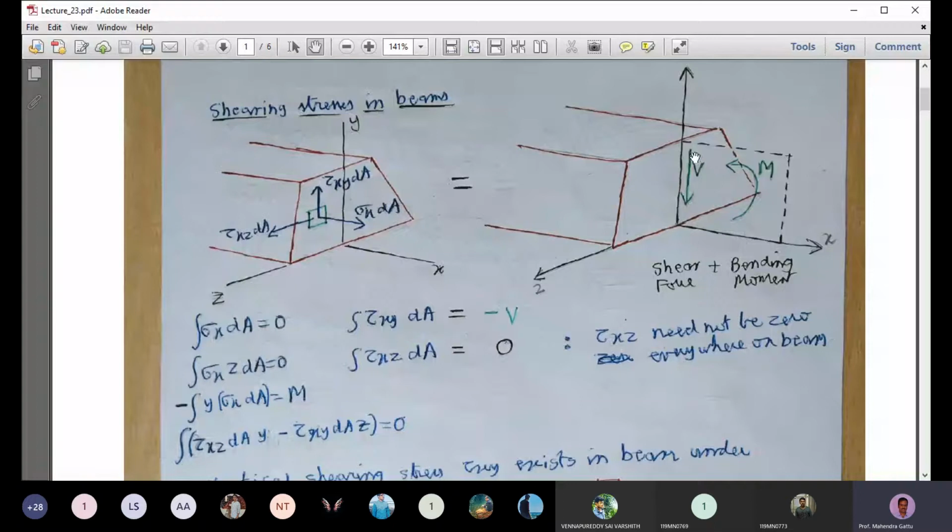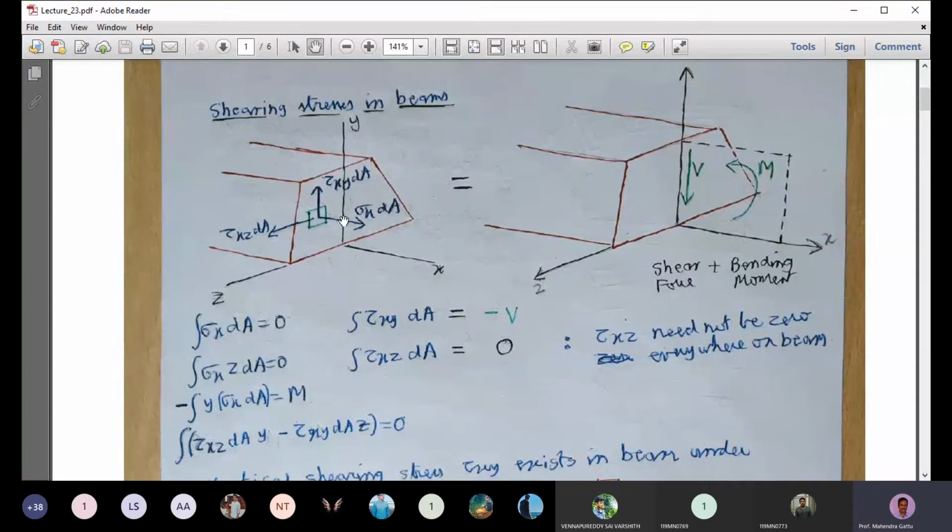In this case, we have the shear force V acting in the downward direction. If we do the equilibrium in the x direction, the integral of sigma x dA is 0, as there is no normal force. Similarly, the moment produced by sigma x dA about the y-axis is the integral of sigma x dA times the z coordinate, and again we don't have any bending moment about the y direction, so that is 0.